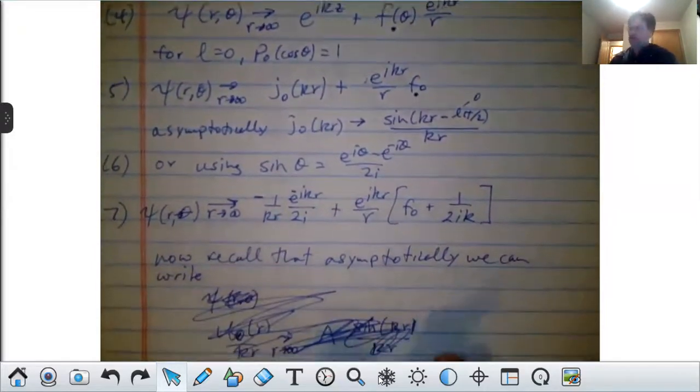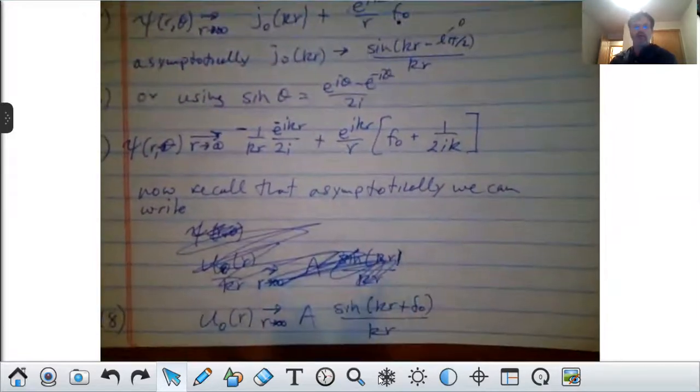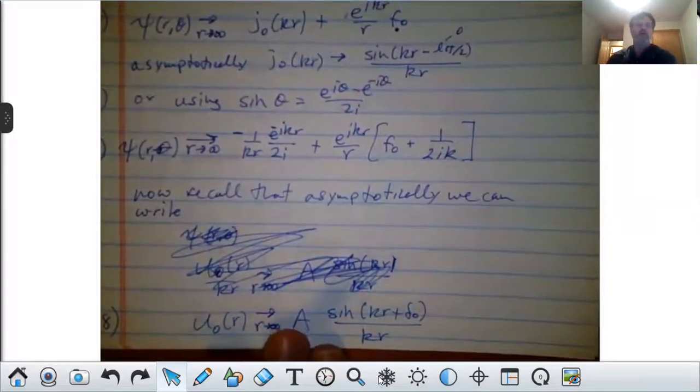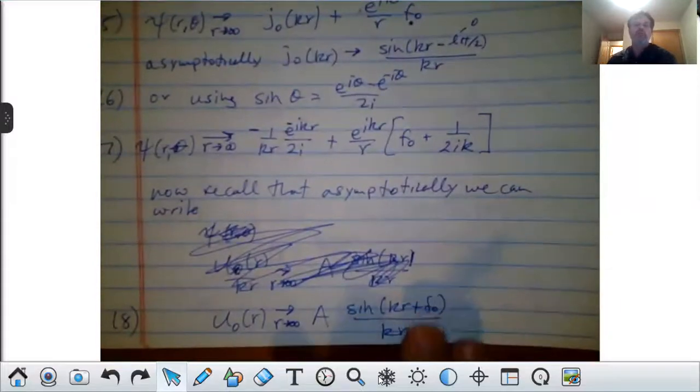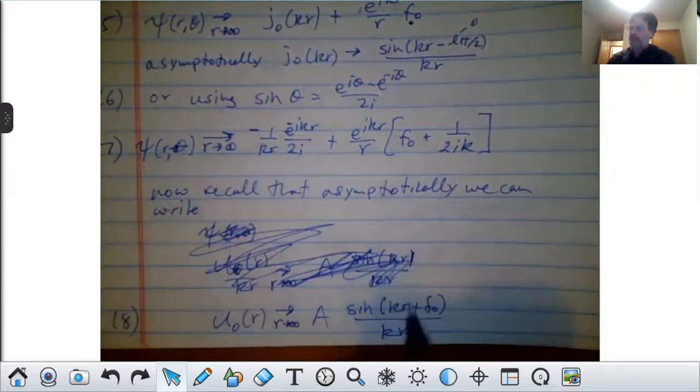Okay, now I made a little error here. Recall also that asymptotically we can write our radial functions in terms of a phase shift. Now u_L, for a general value of L, you'd have a minus L pi over 2 here, but including only the s-wave, L equals 0, we get A times sine of kr plus delta 0.